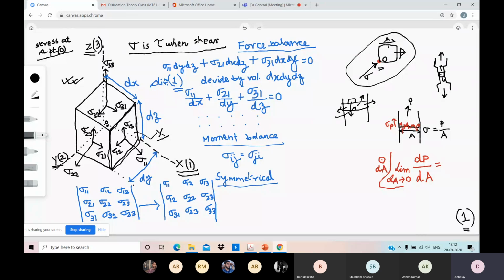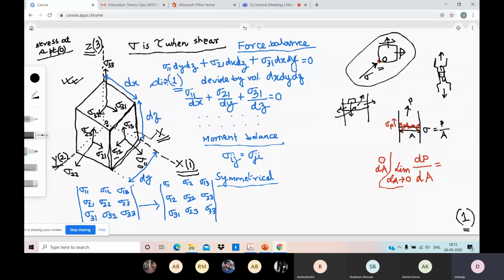Now, what are the stresses acting on the x plane that is perpendicular to the x direction? You see sigma 1 1. 1 here is a numerical number. Sigma 1 1 is the stress acting perpendicular to the x plane.